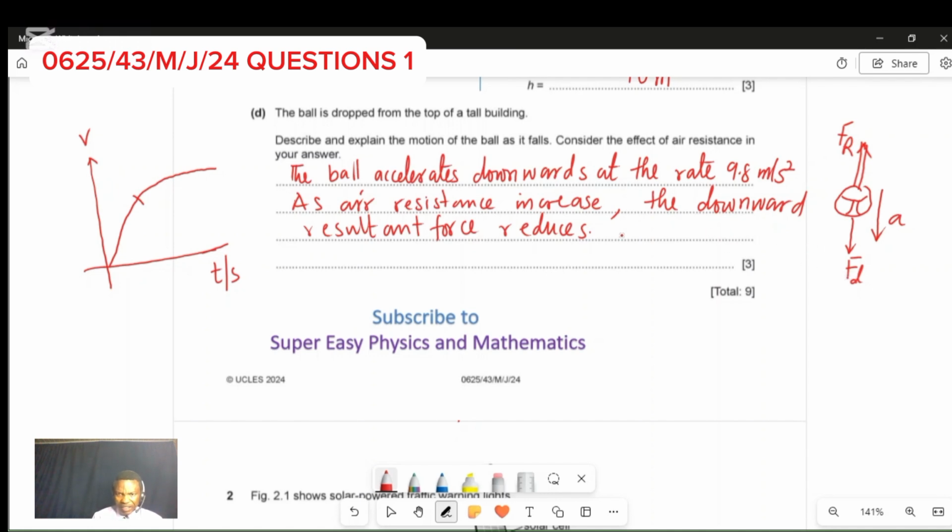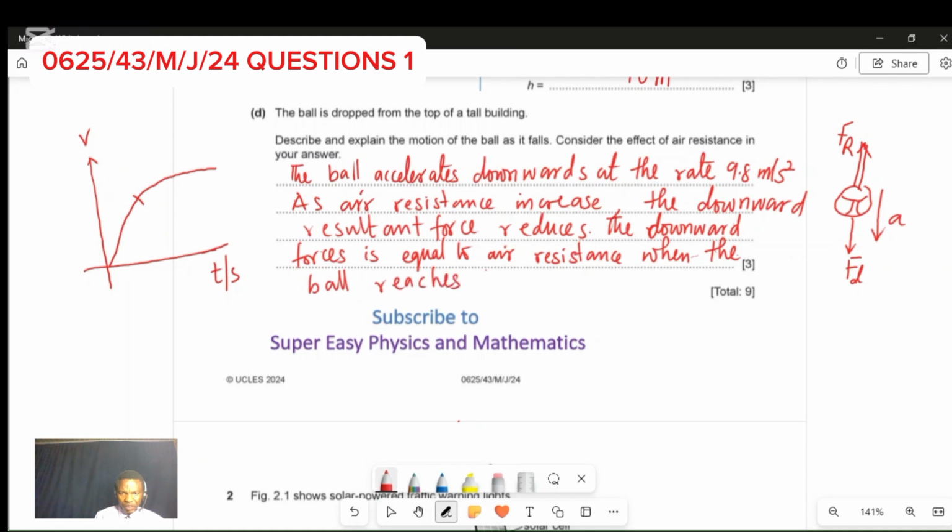Then the downward force is equal to air resistance when the ball reaches the terminal velocity.